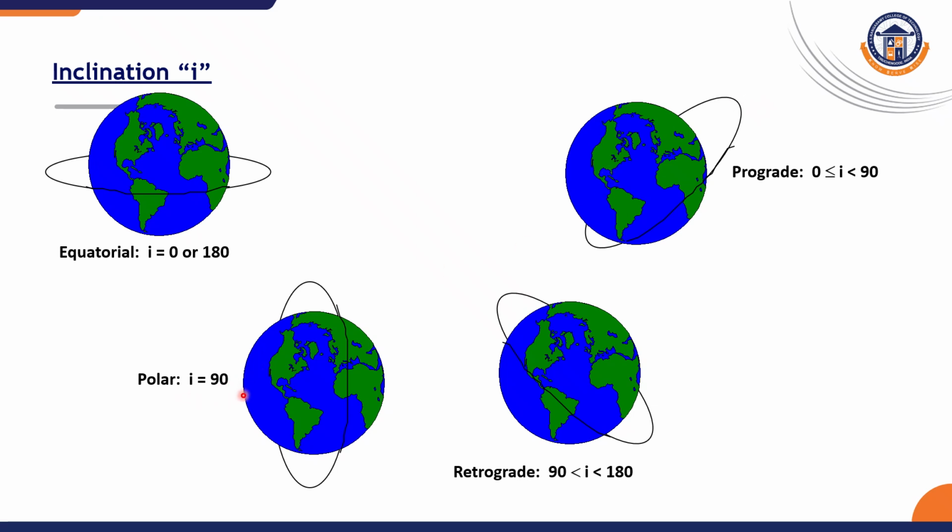If the angle of inclination is equal to 90°, the orbit is a polar orbit. If the angle of inclination lies between 90° and 180°, it is a retrograde orbit. So based on the angle of inclination, the orbits differ: polar, equatorial, prograde, and retrograde.